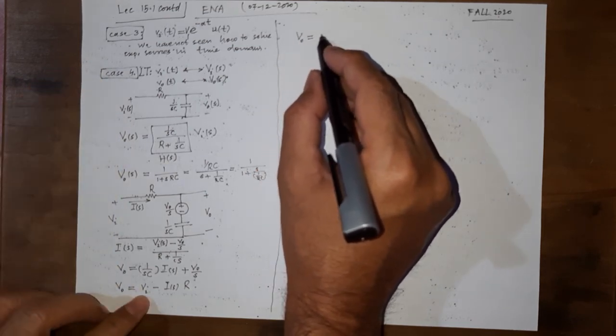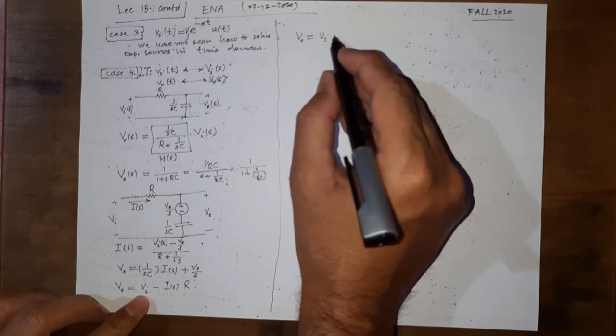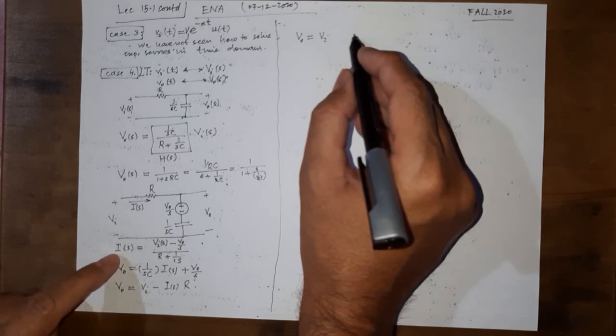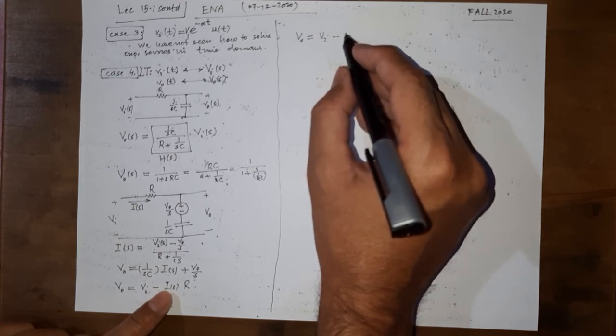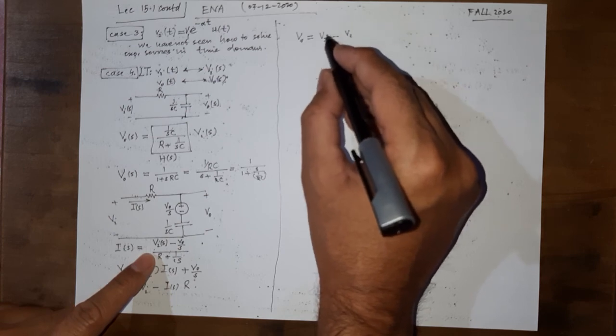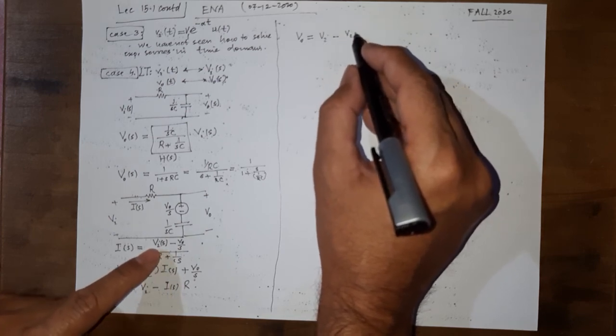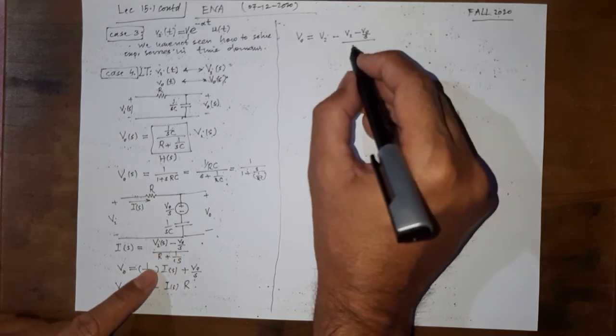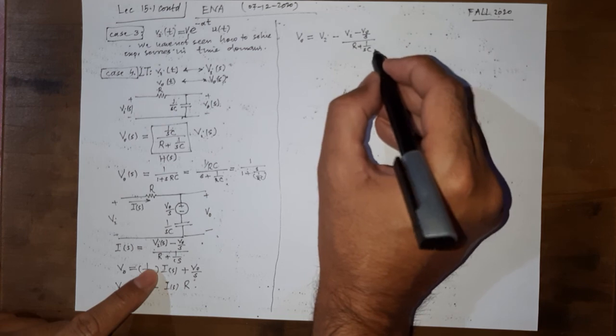Ultimately we are able to write Vo equal to Vi, where I is Vi of S, written as Vs, minus V naught over S, divided by R plus 1 over Sc.